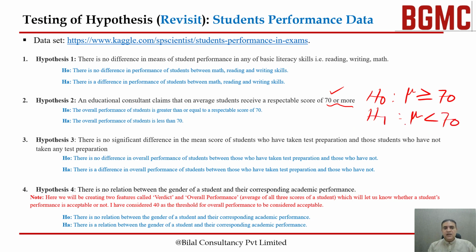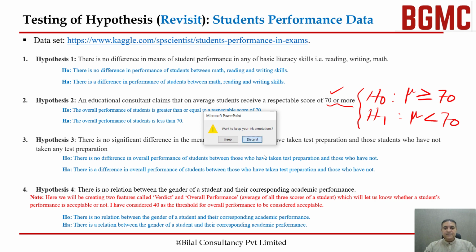From the null and alternative hypothesis point of view, if the overall scores follow the normal distribution, then we can apply a one sample t-test. If data do not follow the normal distribution, then we can apply the sign test.